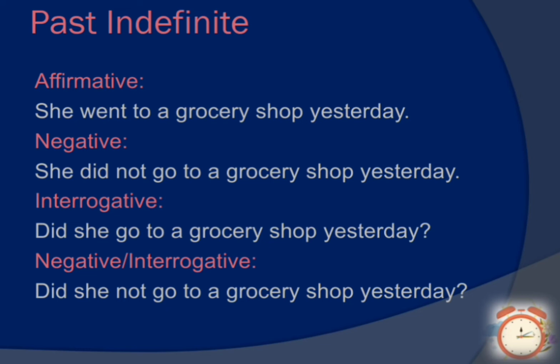Negative interrogative. Did she not go to a grocery shop yesterday? As you can see, wherever we have added did, there is first form of the verb. Negative, interrogative, and negative interrogative sentences.